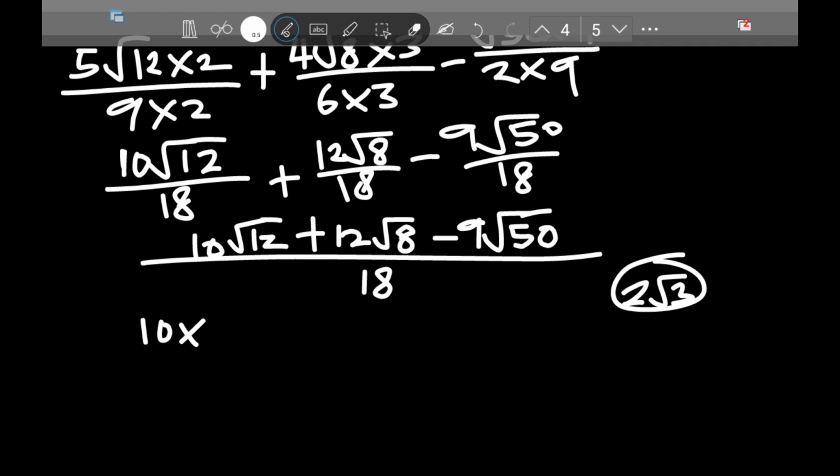So now you should get 10 times 2 root 3.